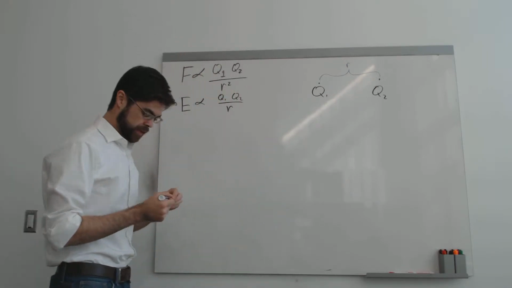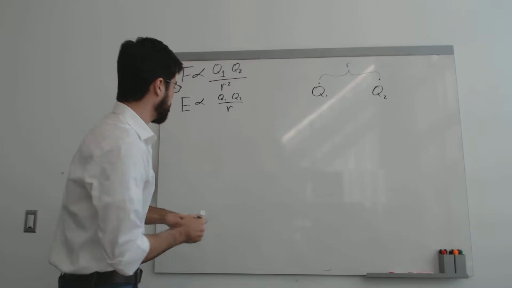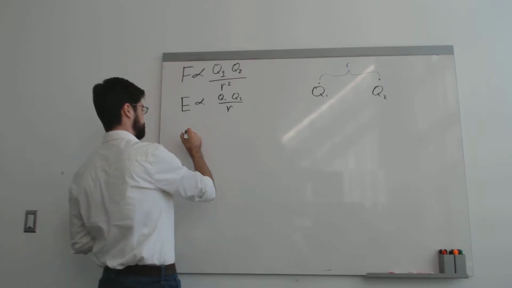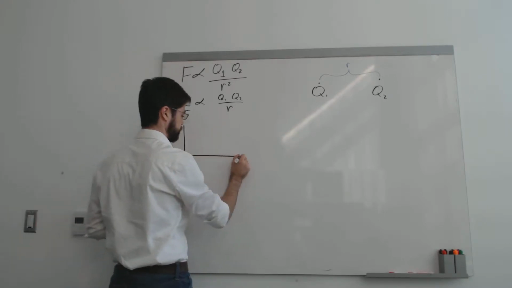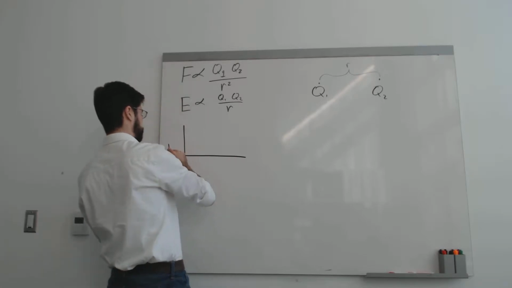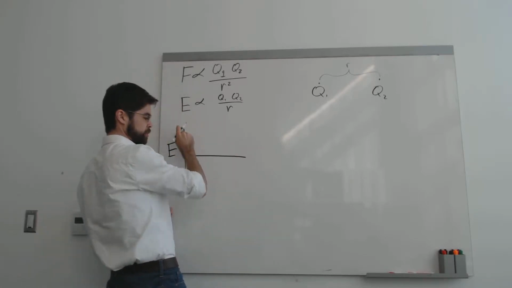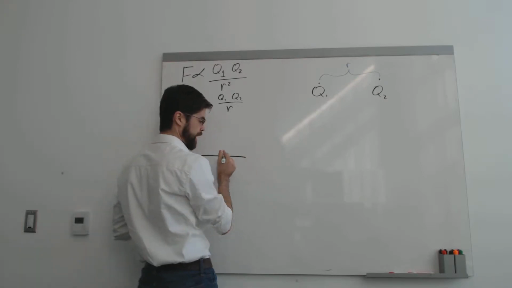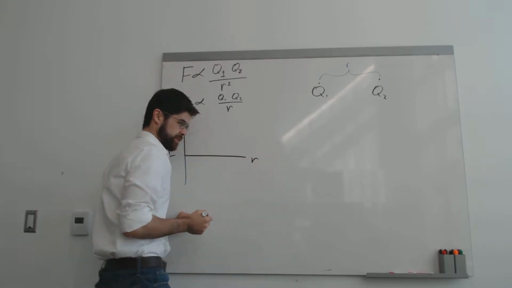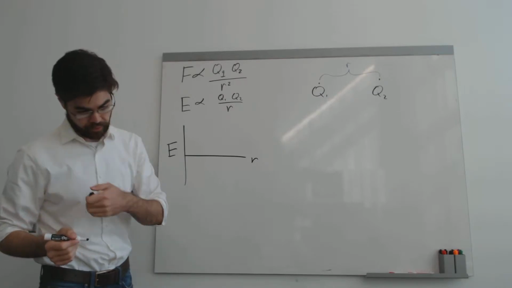I'm going to show you a quick plot of the energy as a function of r, the distance. On my y-axis is the energy, and on my x-axis, this represents the distance between the two of them.